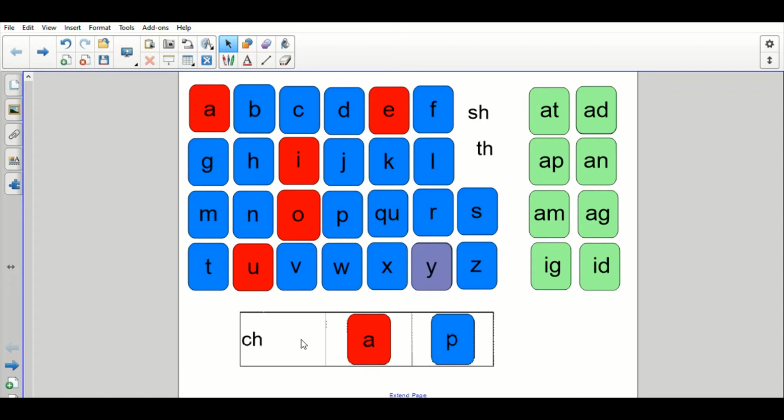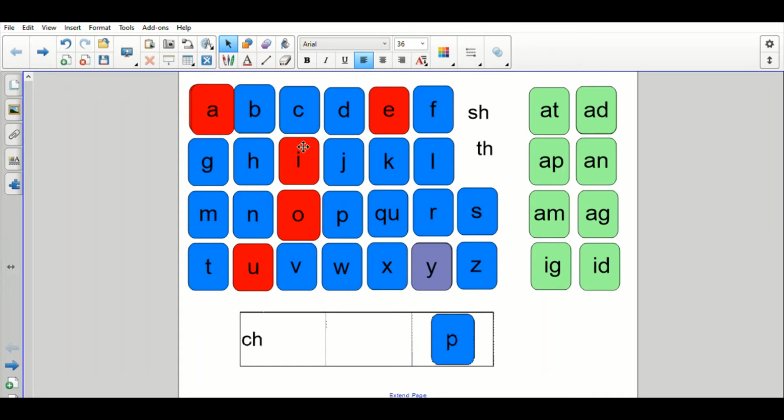Watch Miss Preller try now. Ch, it, p, chip. Does that still say ch? Yes, it does. I. Oh, what? That doesn't say I, so I'm going to put my A back. And I need to find the letter that says I. Did you find I, iguana, I? Ch, it, p, chip. Great job, boys and girls.